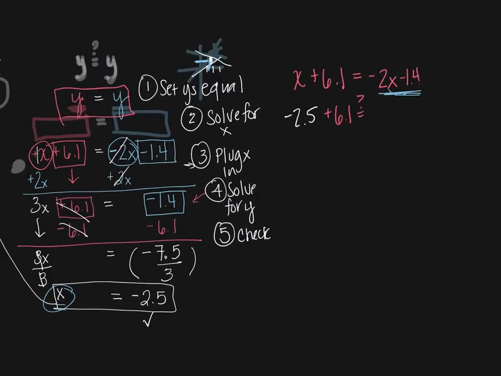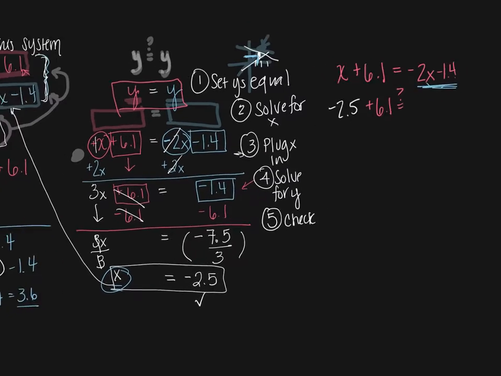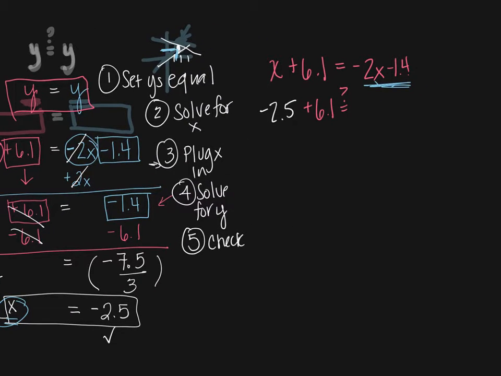So then over here, I'm going to end up with negative 2x, where x is negative 2.5, minus 1.4. And I want to see, is this equal? So negative 2.5 plus 6.1. What is this?